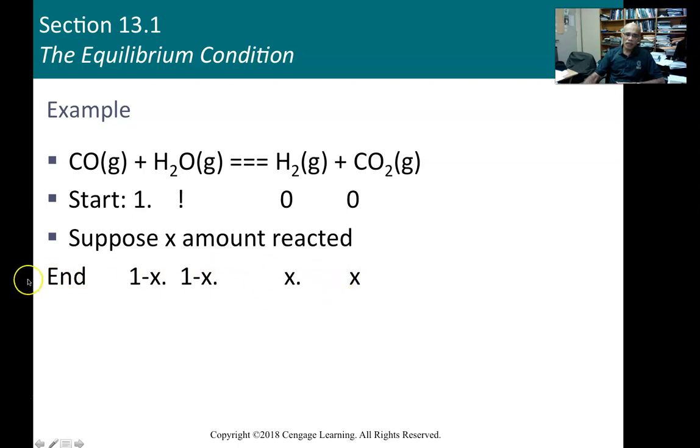So when we come to this end part of the reaction, this is where we are talking about the state where it reaches equilibrium. The reaction doesn't move forward or backward in a major way in order to cause change in the system.